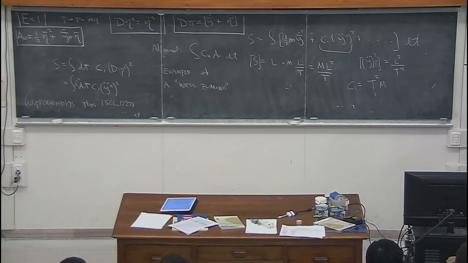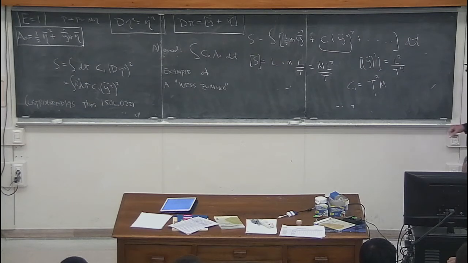So how could we get a time from the system? Well, the only relevant time scale would be the time it takes a signal to cross from one side to the other, right? So there's going to be some intrinsic velocity, say the speed of sound, which is how fast a pressure wave can travel.